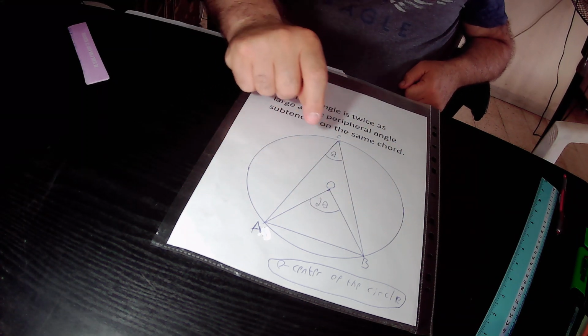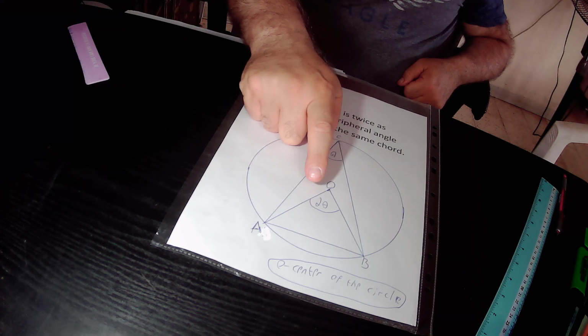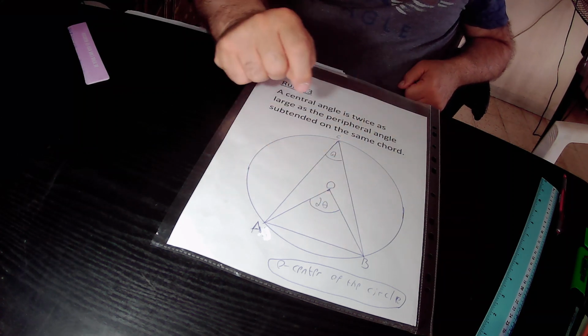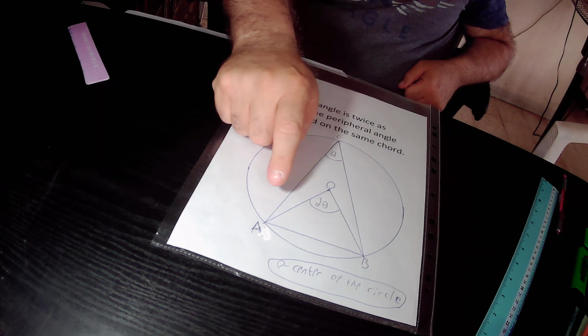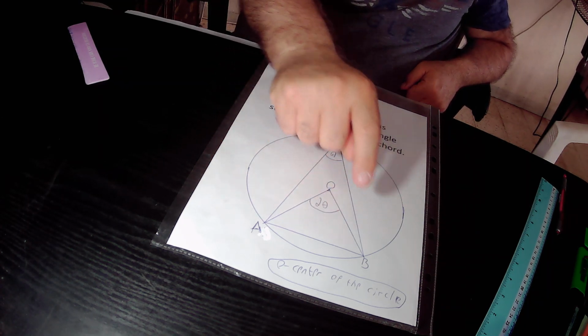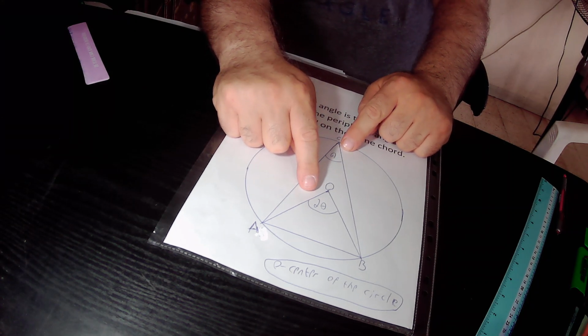Likewise, we have also the central angle AOB. The central angle AOB is also subtended on the same chord called AB. Exactly like peripheral angle ACB, this is also subtended on the same chord called AB. So those two angles are both subtended on the same chord called AB.